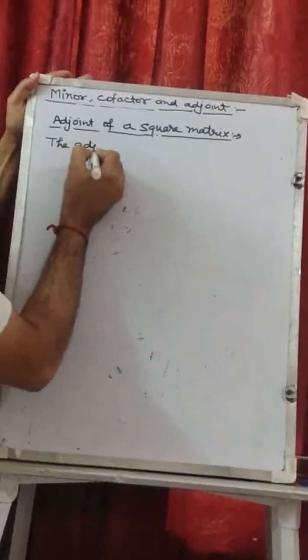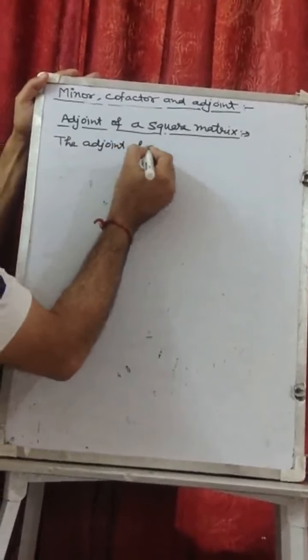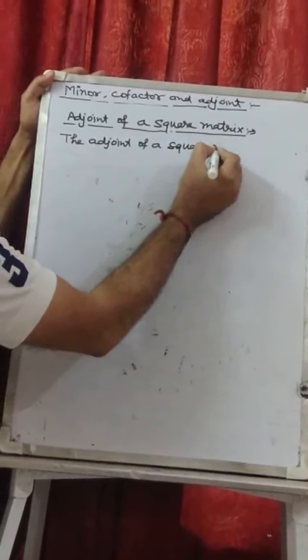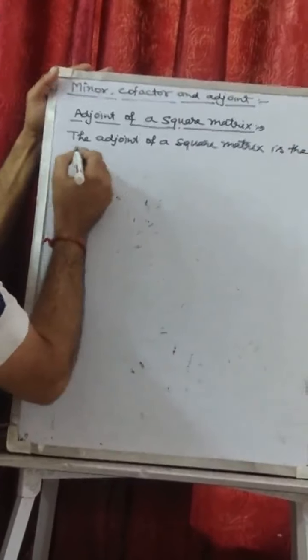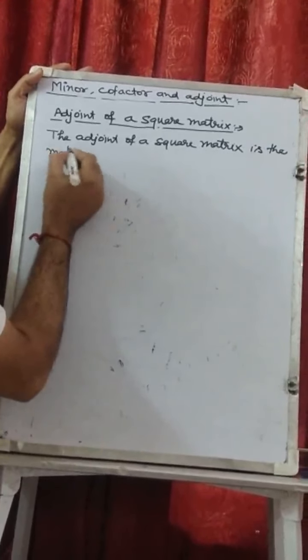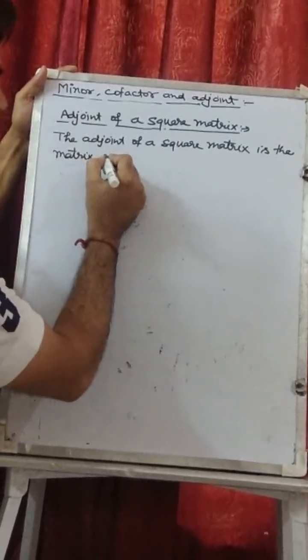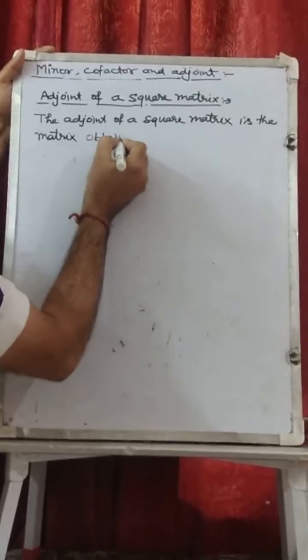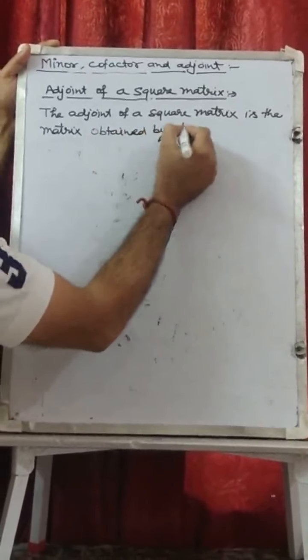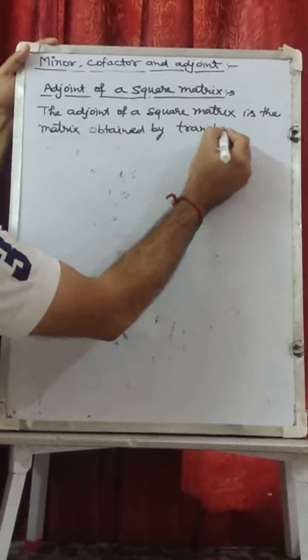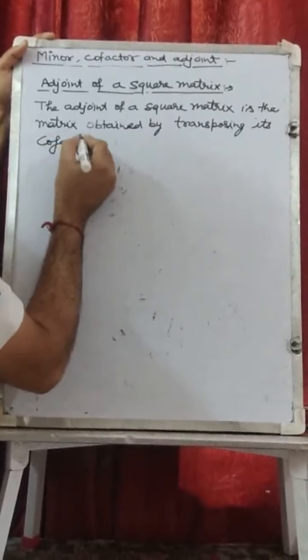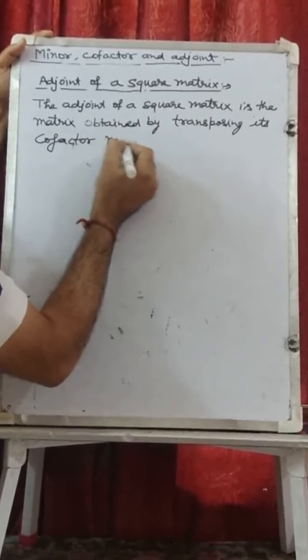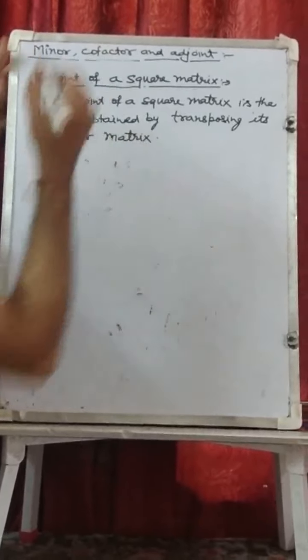So the adjoint of a square matrix is the matrix obtained by transposing its cofactor matrix. Its cofactor matrix.